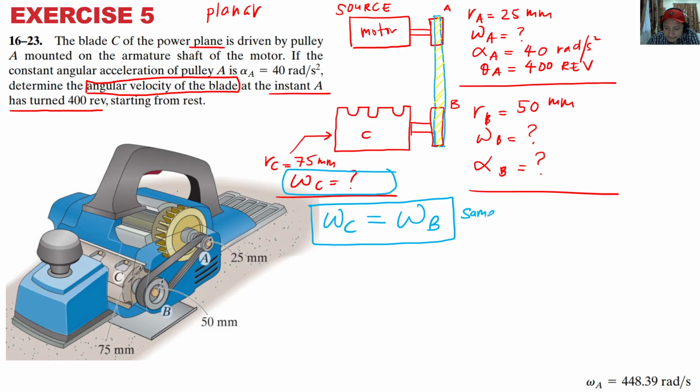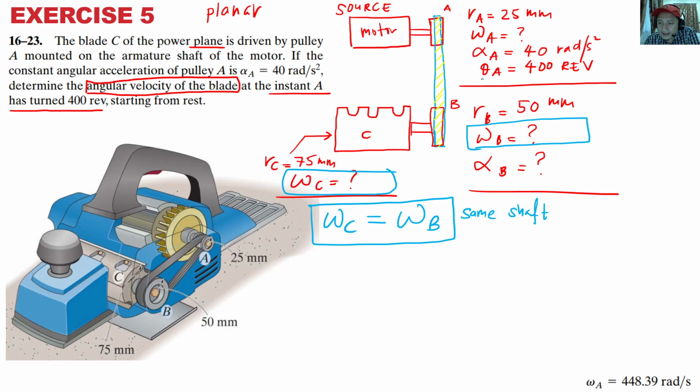Same shaft. Yeah, same shaft. So you don't really have to find out what is omega C. You just have to find out what is omega B. Just find out this one. Then you solve the thing. Because they are similar. Then this one looks easy. Am I right?